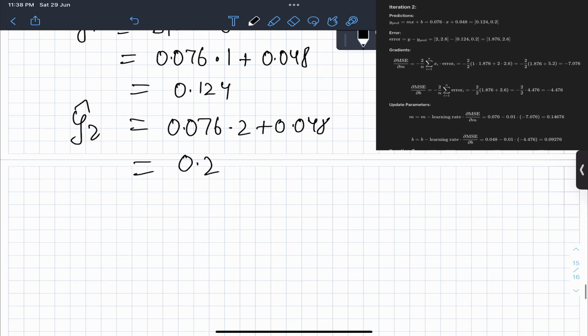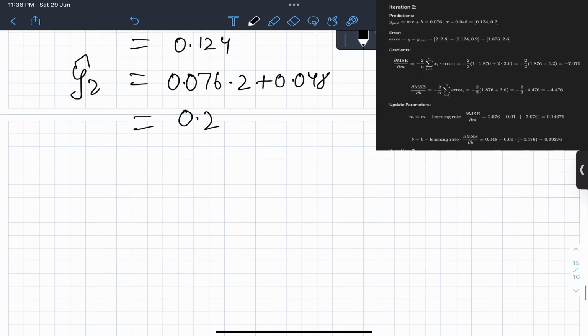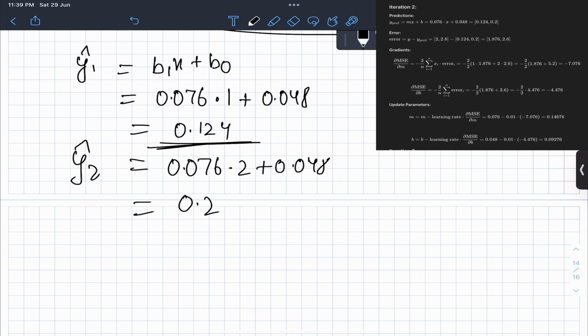Now we will perform the gradient descent again on the new batch.